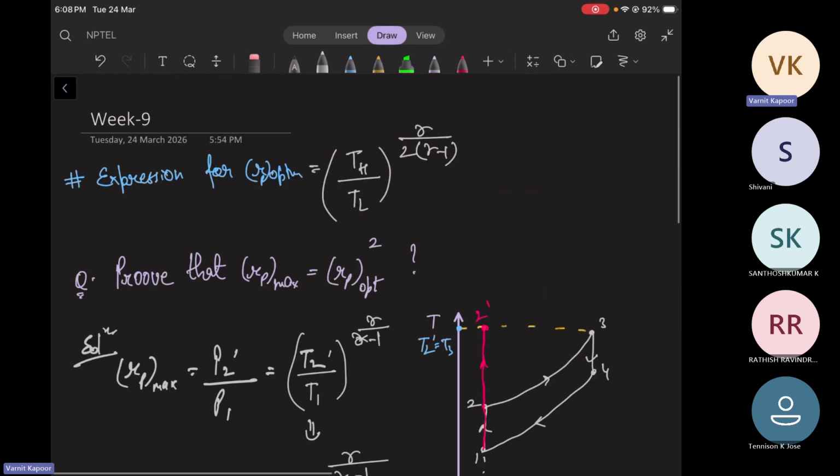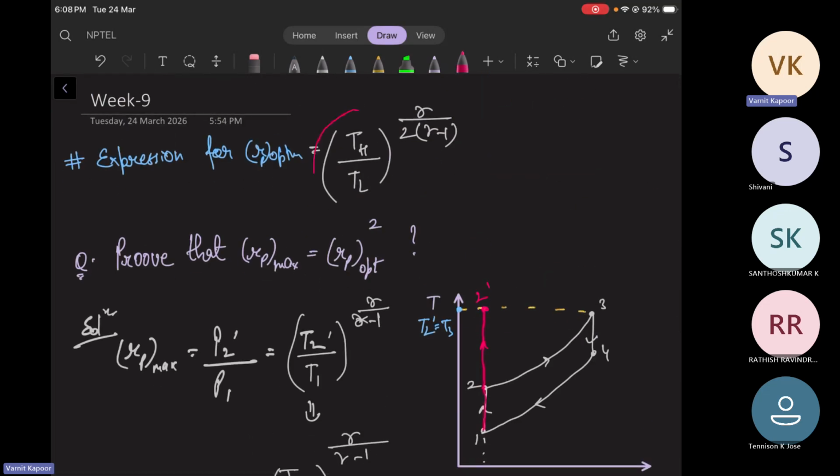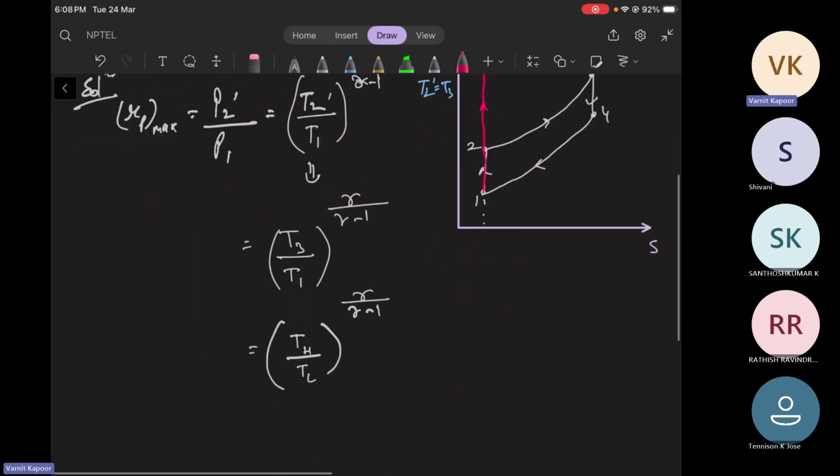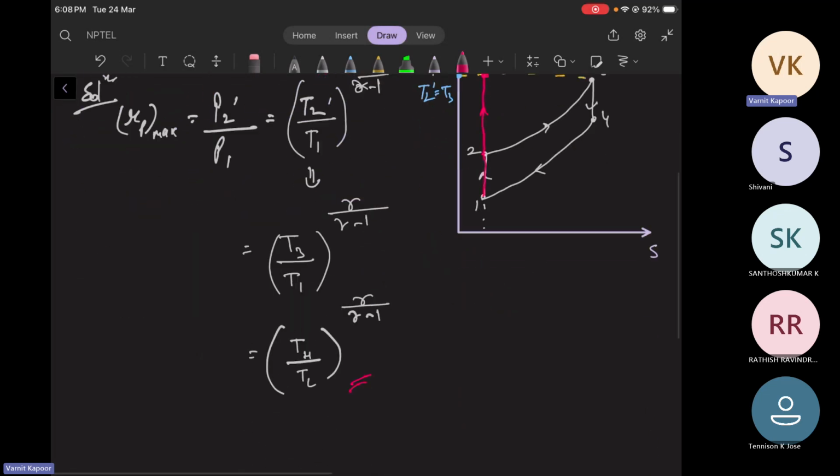And if you observe the expression of the optimum, if you just multiply by 2, this 2 and 2 cancel, and this becomes exactly the maximum pressure ratio expression, which is the square of the optimum pressure ratio.